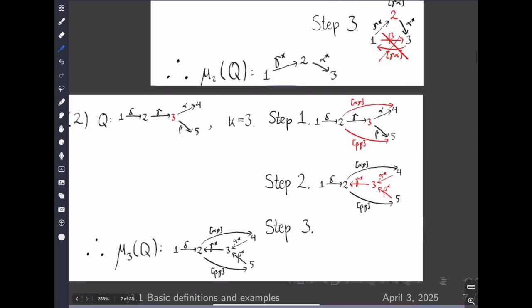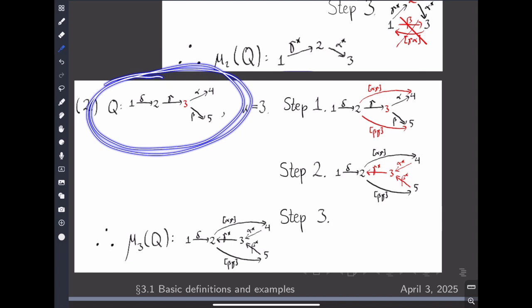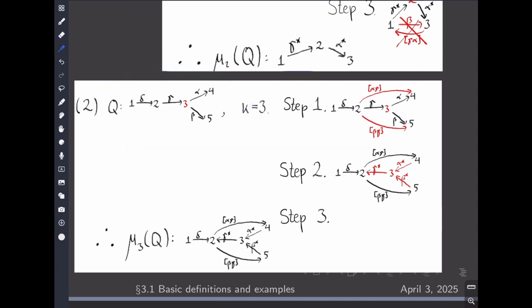And then another example. Here you can see that it's an orientation of the Dynkin diagram of type, not A5, D5. And then let's say we mutate with respect to 3. For every pair consisting of an incoming and an outgoing arrow, introduce a composite arrow. Since there is one incoming but 2 outgoing, it's for each of them.